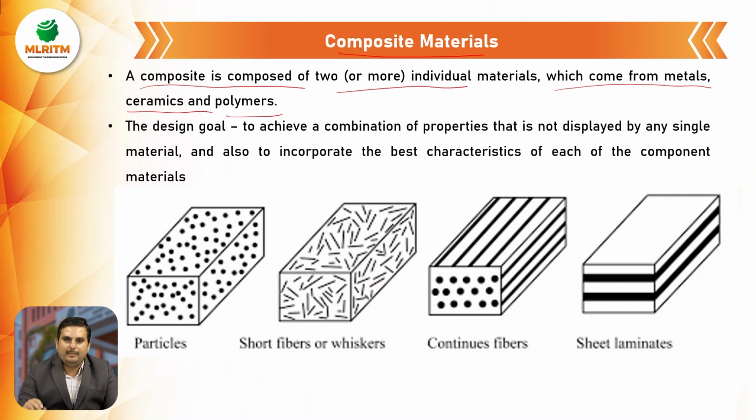We will be mixing either metal and ceramic, or metal and polymer, or otherwise ceramic and polymer. These types of combinations we will be using: metal matrix composites, polymer matrix composites, and ceramic matrix composites. These are the three types of composites we will be using.